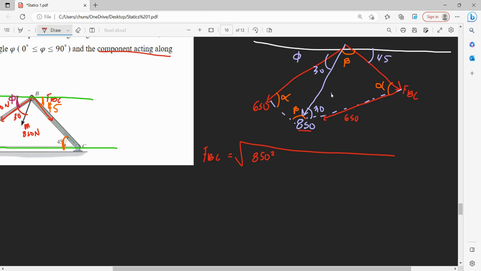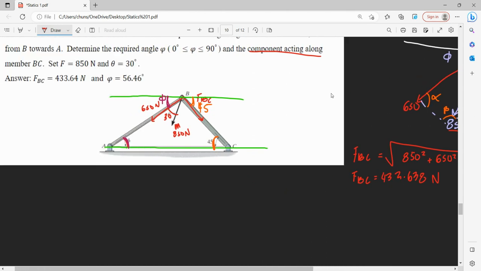So let's do FBC. So side 1, 850 squared, side 2, 650 squared, minus 2, 650, 850 cos of our desired length, which is FBC, and whatever is across it, so we trace, and that's cos 30, giving FBC equal to 433.638 newtons.